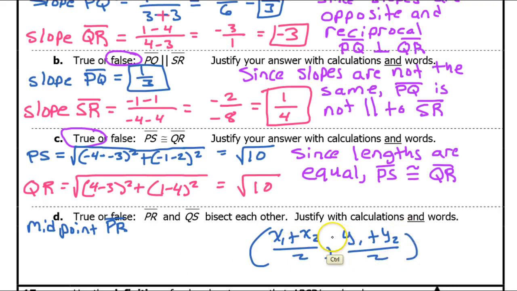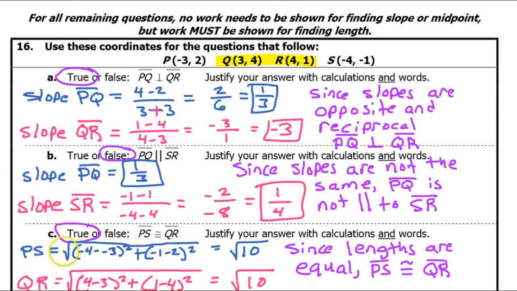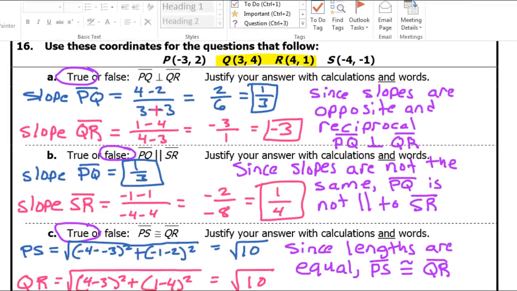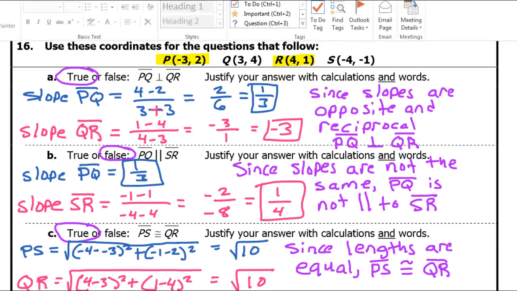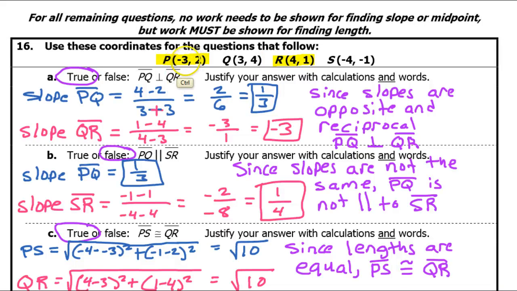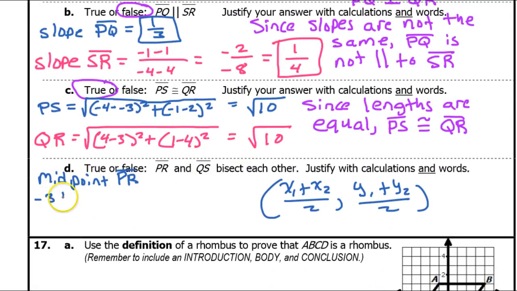That's how you find midpoints. So for PR, first the x's: negative 3 plus 4 over 2.